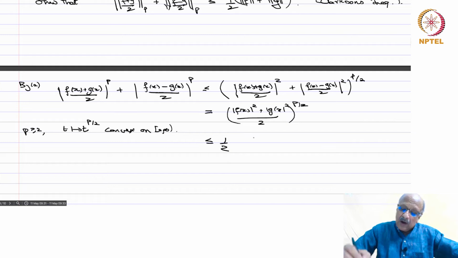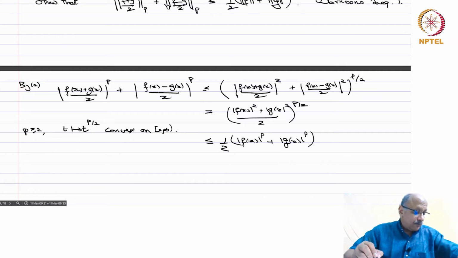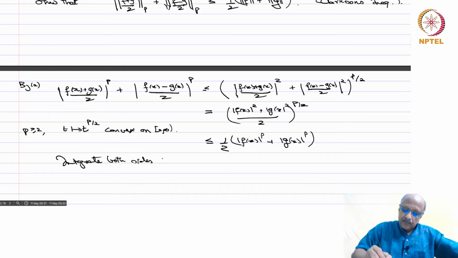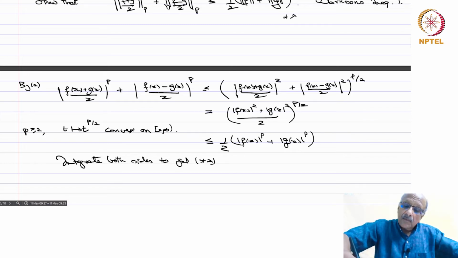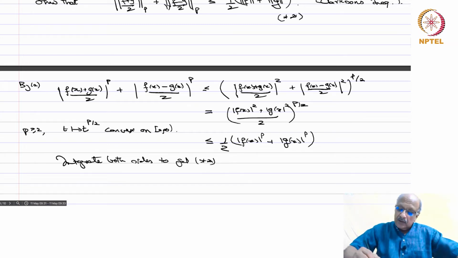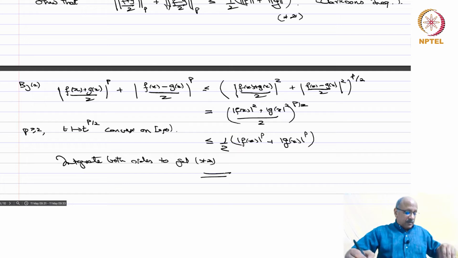So this is 1/2 of |f(x)|^2 to the power p/2, which is |f(x)|^p, plus similarly |g(x)|^p. Now integrate both sides to get double star. So then this is Clarkson's inequality.